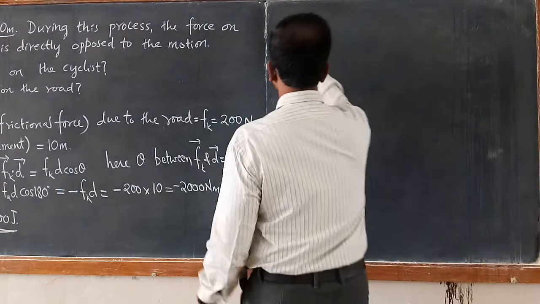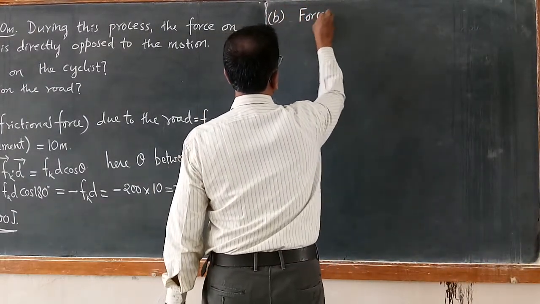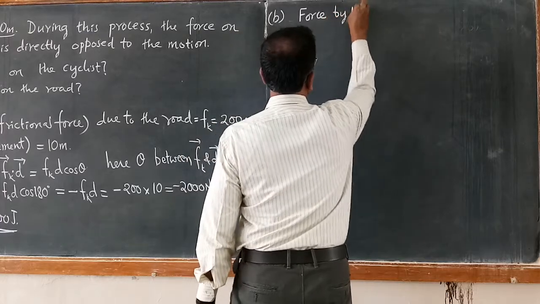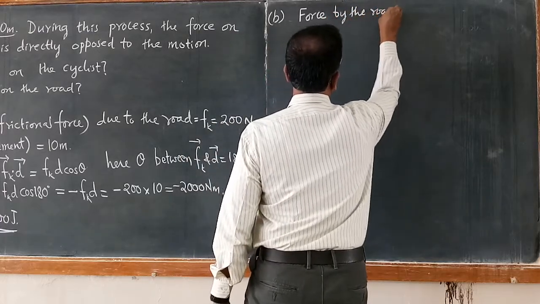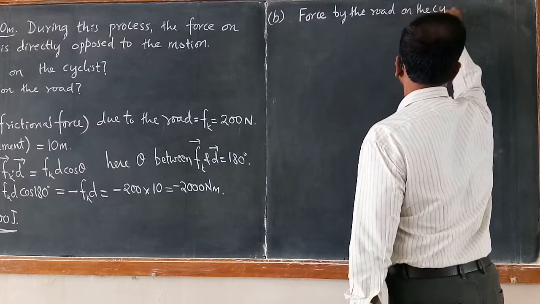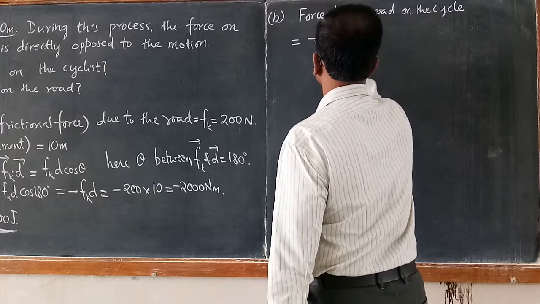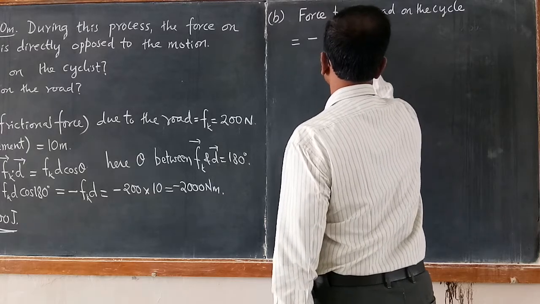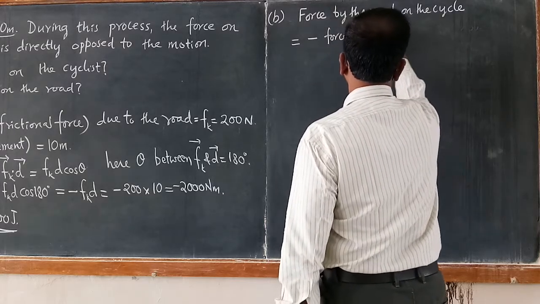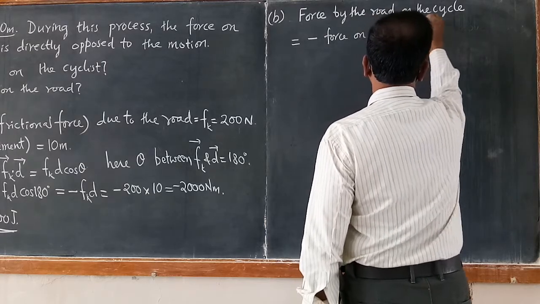Second part, B. Force by the road on the cycle is equal and opposite to force on the road by the cycle.